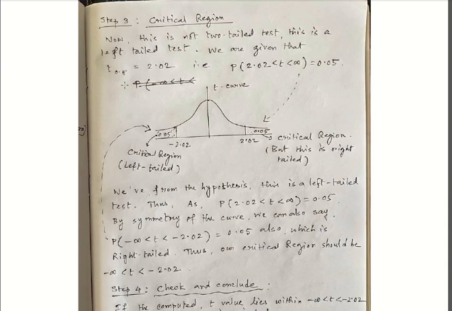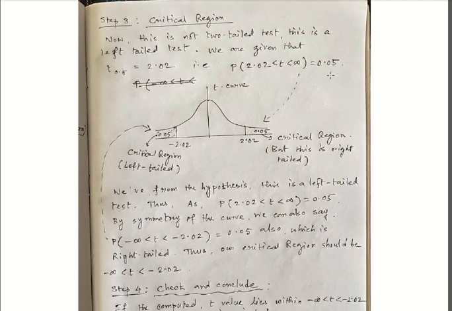What does it mean? It means that for 2.02 less than t less than infinity, look at this picture, 2.02 to infinity, this value is given as 0.05.